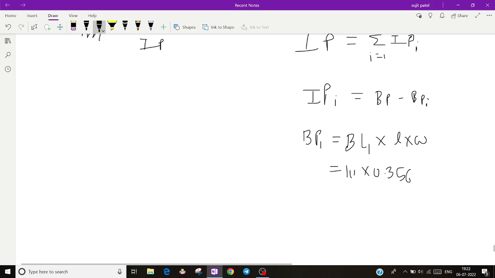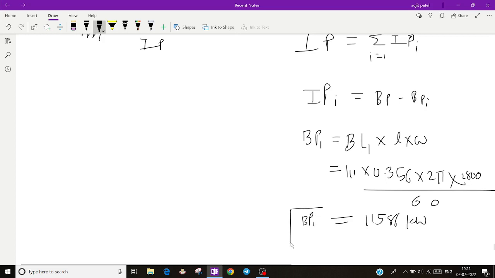And RPM, omega is equal to 2 pi N by 60. So brake power when cylinder 1 is cut off, that is 11.586 kilowatt.